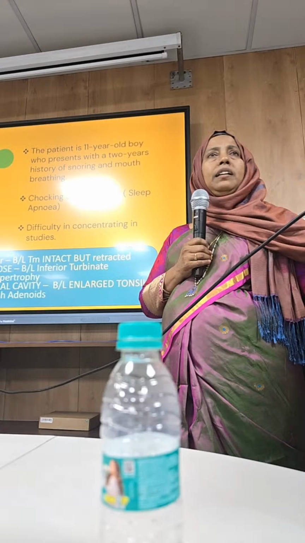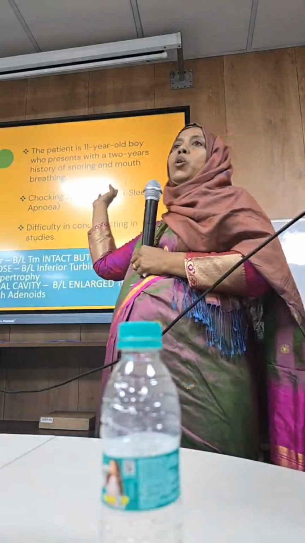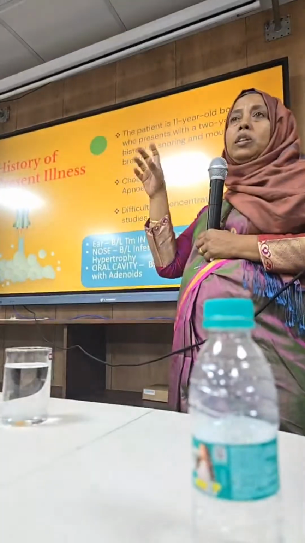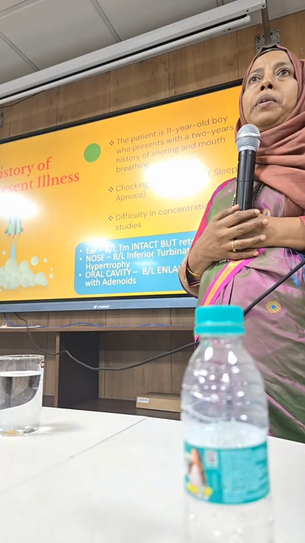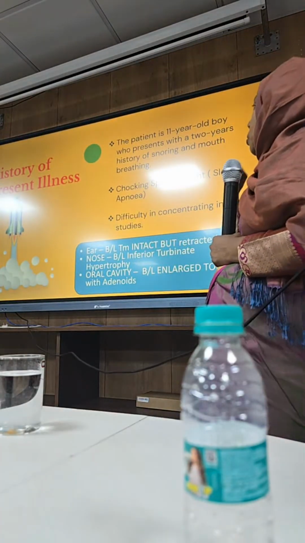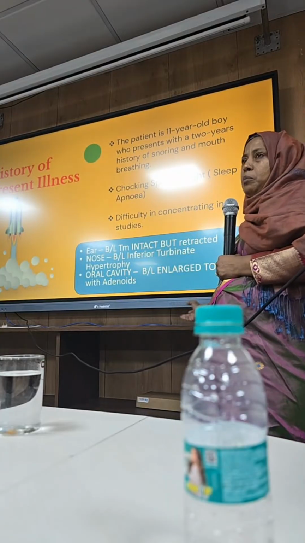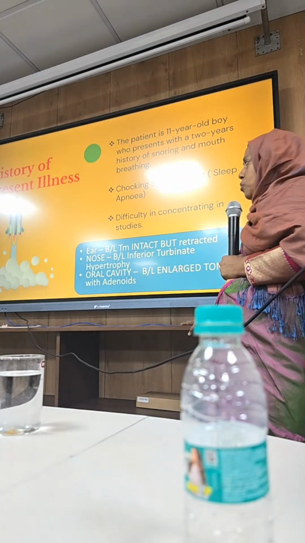He had repeated snoring and choking spells. These two are the indications for tonsillectomy. But the parents were not interested in operating, so he came to me. He was also not able to concentrate.